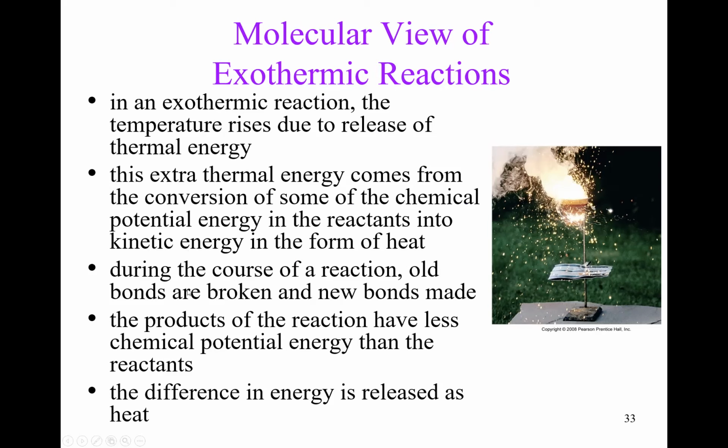During the course of the reaction, the old bonds are broken and new bonds get made, and the products have less energy in the bonds, and thus that energy is then lower. And we saw that in those energy diagrams. And so the difference in those energies then gets released in the form of heat to the surroundings.